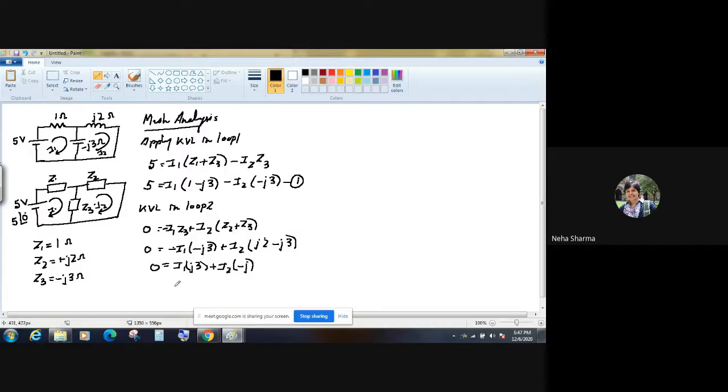From here I can write that I2 is equal to I1 times 3J divided by J. So I2 is equal to 3I1.